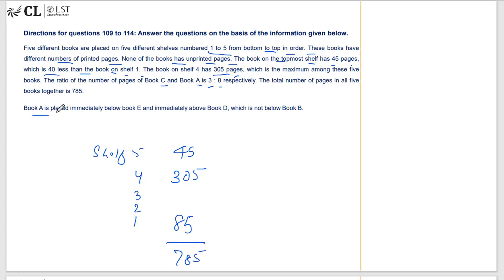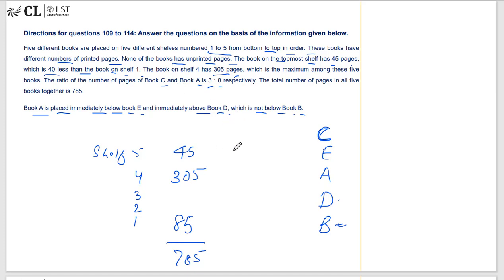Then here we have book A is placed immediately below book E. So we have E, then A. A is immediately above book D, which is not below book B. So book D is not below book B. That means D has to be here. Sorry, B has to be here, and C would be at the top.